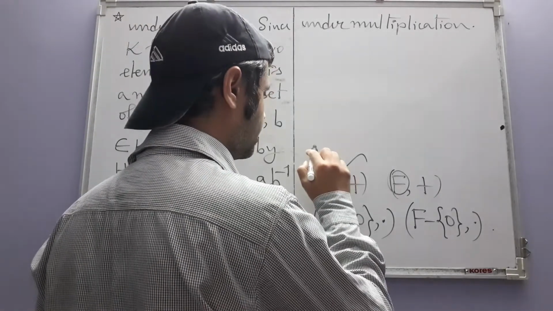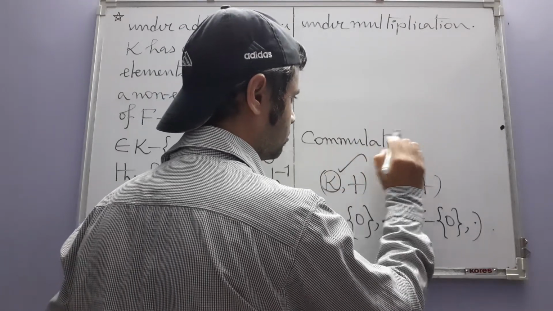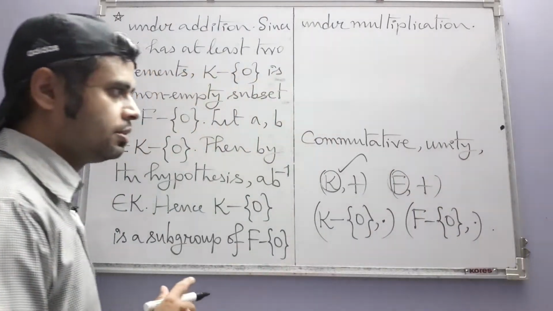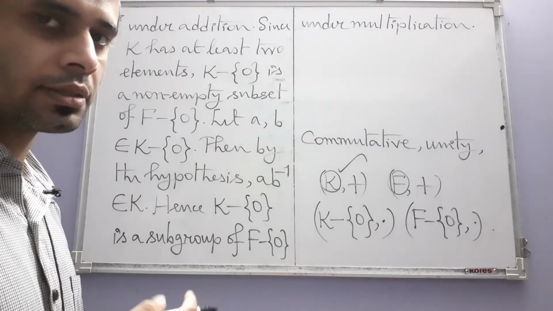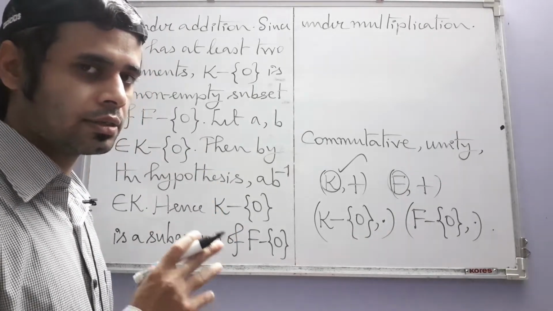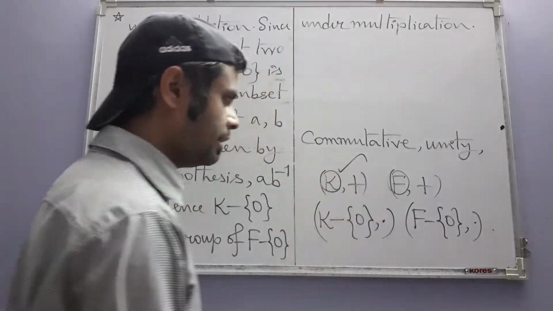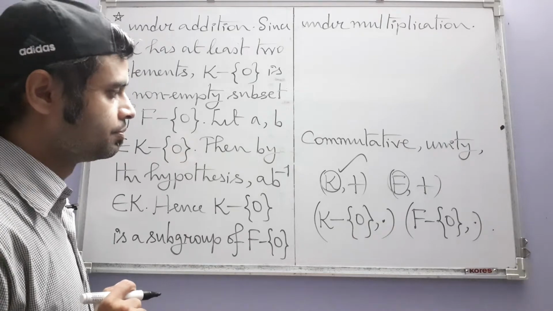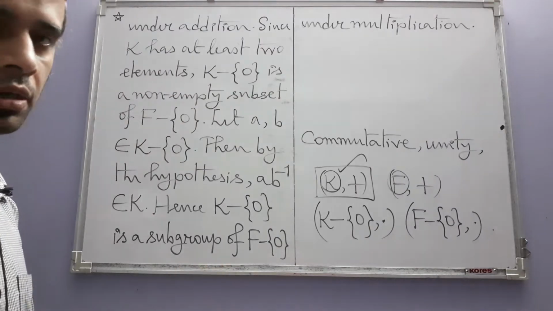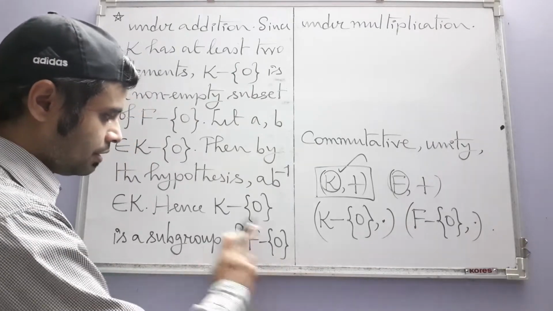A field is a commutative ring with unity in which every non-zero element has a multiplicative inverse. That is, every non-zero element has an inverse under the operation multiplication. But we need to show that it's a commutative ring first, and that too with unity. And in that we have in fact done half the work. So now let us see. Now we are going to use this thing that we have concluded here.